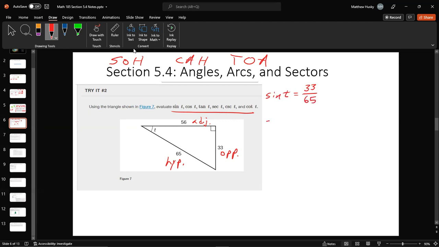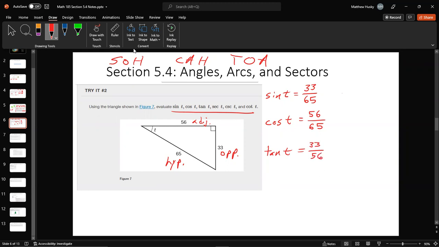Okay, the cosine of T. Let's see here. That's going to be the adjacent over the hypotenuse, 56 over 65. And then the tangent of T is the opposite over the adjacent, so 33 over 56.